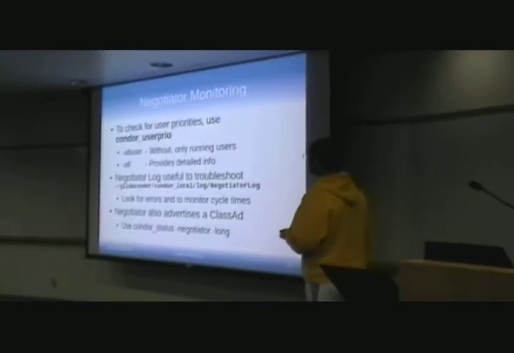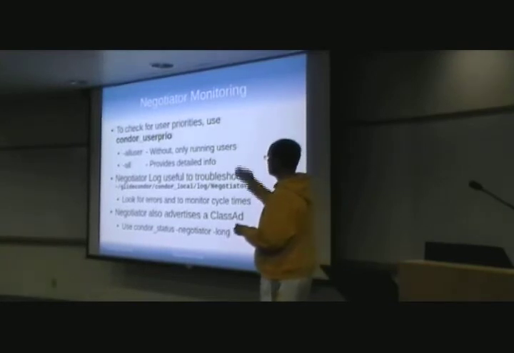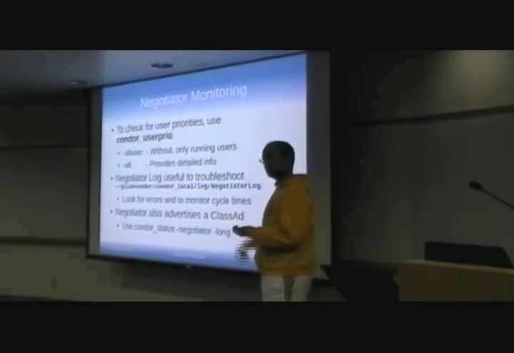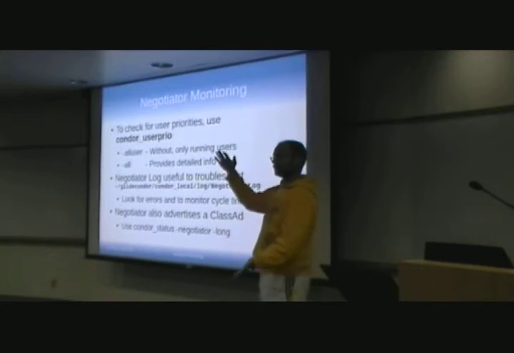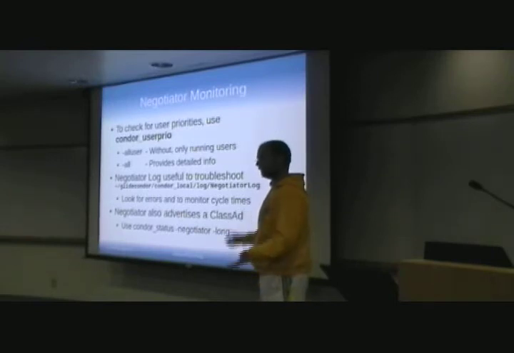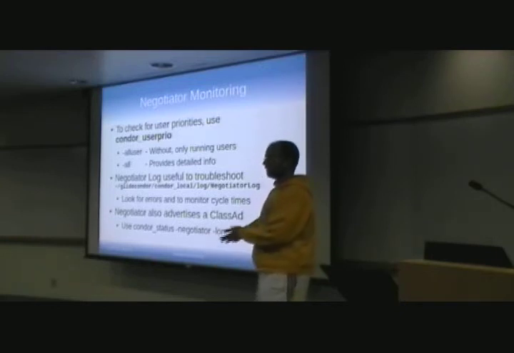You can also monitor what the negotiator is doing, essentially the condor_userprio that I showed an hour ago. You use it also for checking what the current priorities are. If you see that a user has a bunch of jobs that are not starting, and he's your boss, and he wants to know why, you say, oh, you really used a lot yesterday, so everybody else has better priority than you.